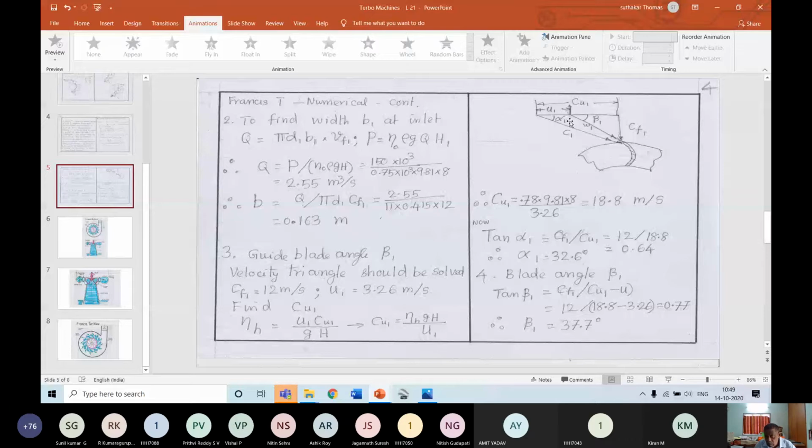So tan beta 1 is the flow velocity divided by the whirl component of the relative velocity, that is cu1 minus u1. That is equal to 12 divided by this, which comes to around 0.77, and the relative velocity angle, that is beta 1, is 37.7 degrees.